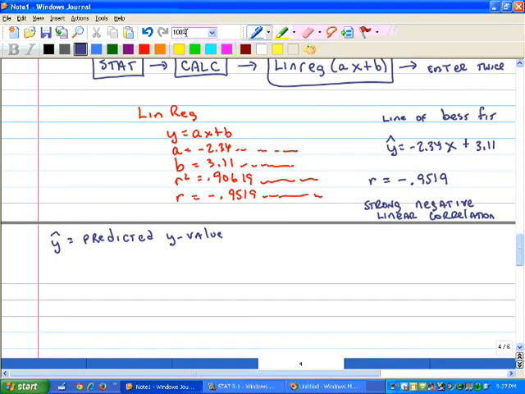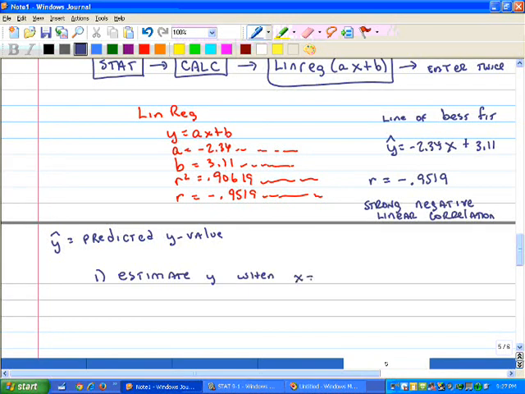To use this regression line, this regression model, this prediction line, we might have a question that tells us to estimate y when x equals 10. To do that, we'll use our regression equation y hat.